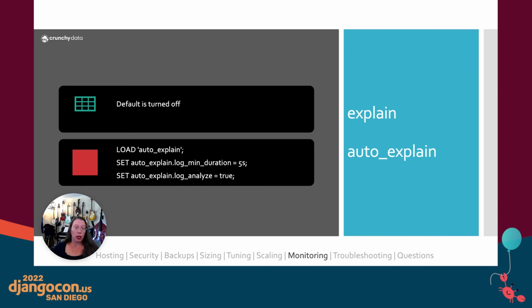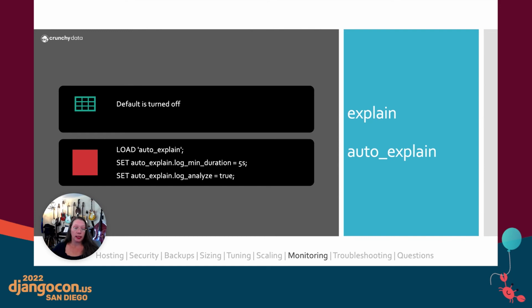Postgres also has something called Auto Explain, which will log an explain plan for a query that's run. And you can set the auto explain to a threshold. So let's say that you're totally fine if the query takes 2, 3, 4 seconds to run, that's probably a pretty well optimized query.